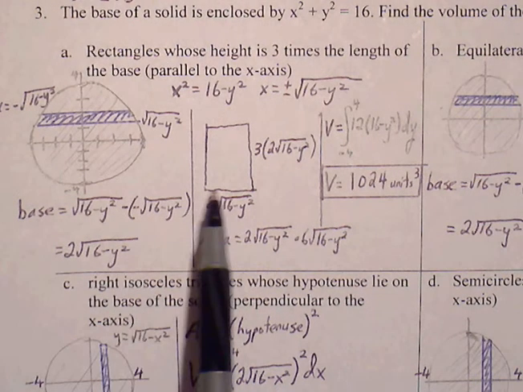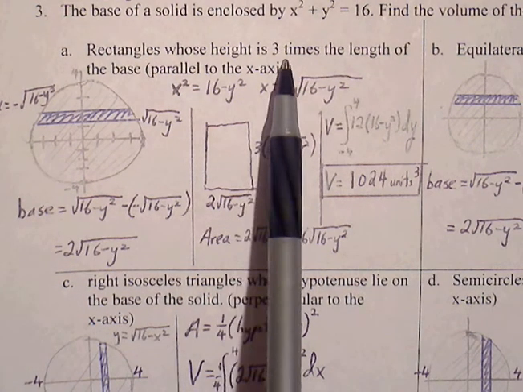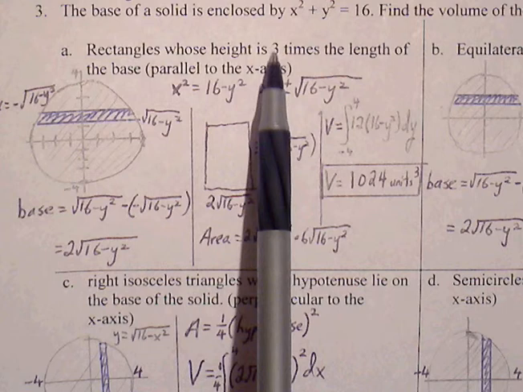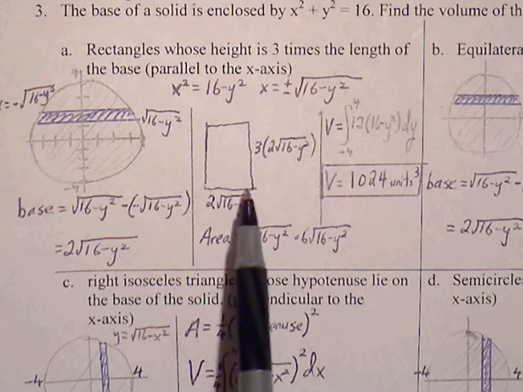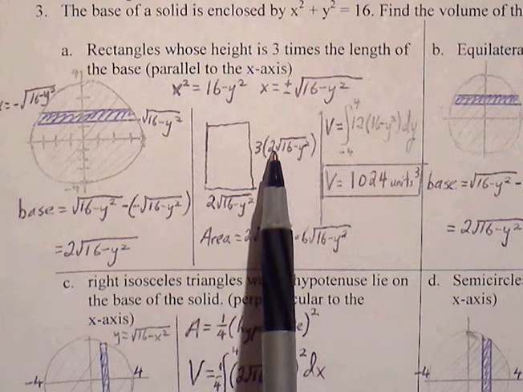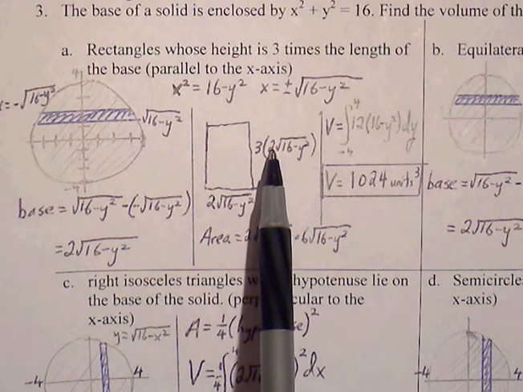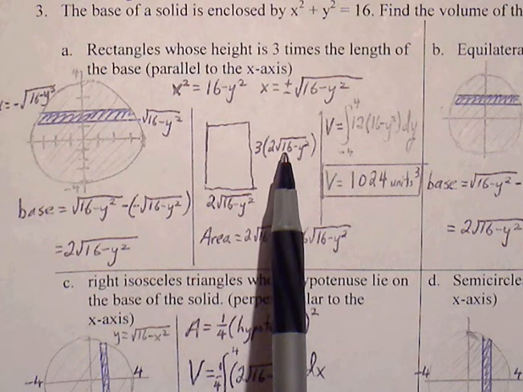However, the height is 3 times the length of the base. So we just have to do 3 times this value to find the height, and this will combine to be 6 root 16 minus y squared.